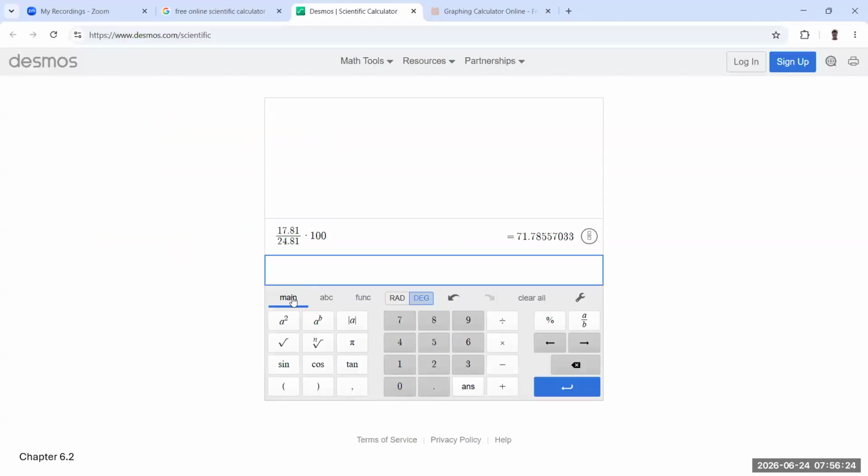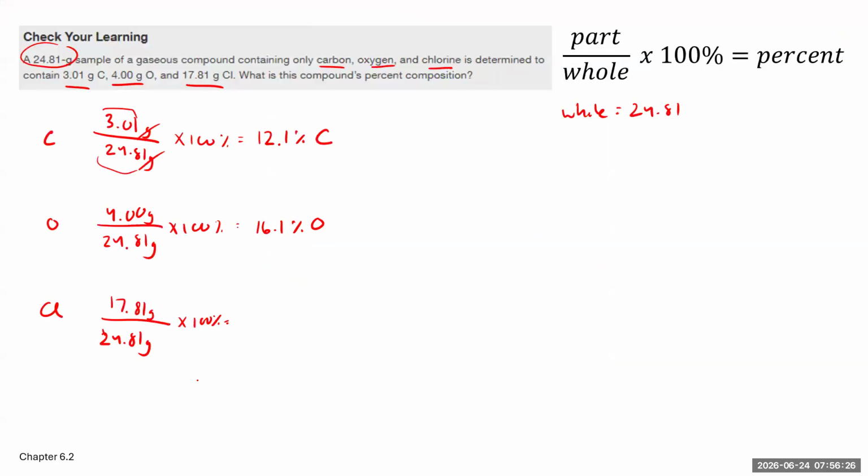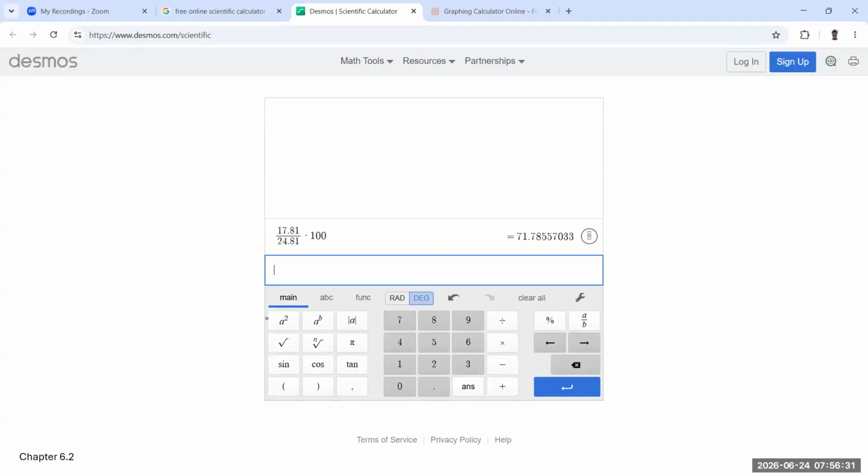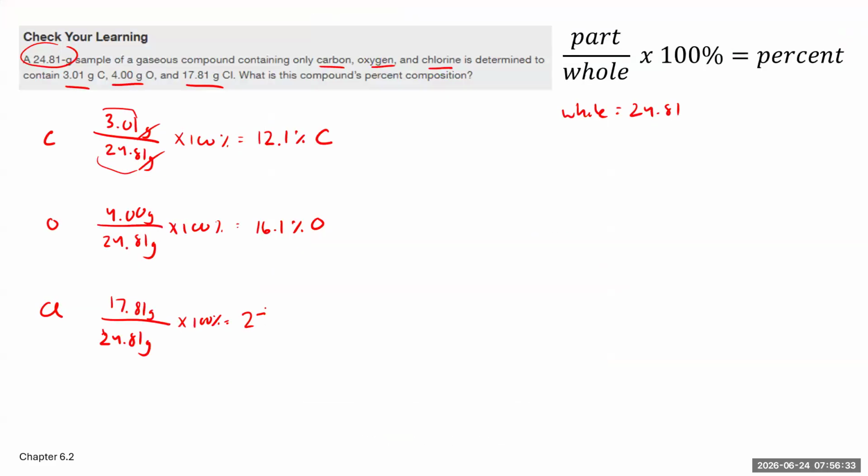So it's going to be 71.79 because we had more digits. Sorry about that. 71.79% chlorine.